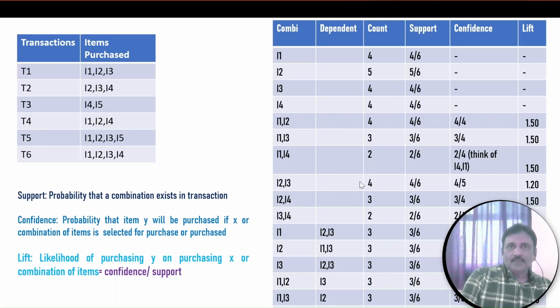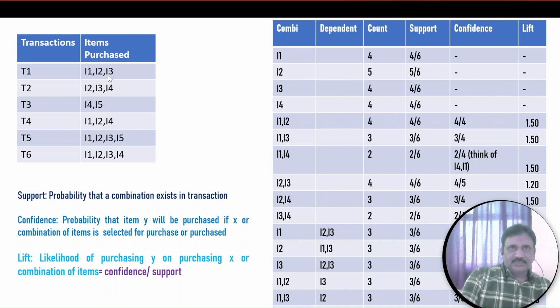Randomly, let us take the last one, this transaction. After purchasing I1, what is the probability that I2, I3 will be purchased? Let us count the number of transactions which have I1: 4 transactions. Out of these, how many have the I2, I3 combination?